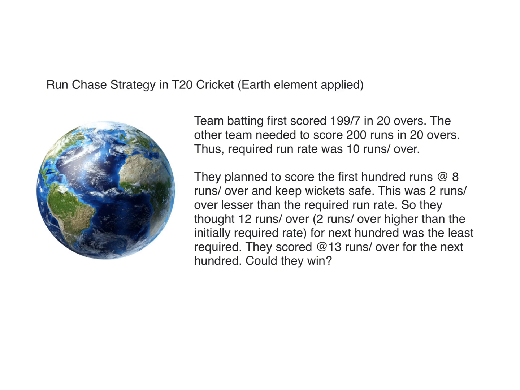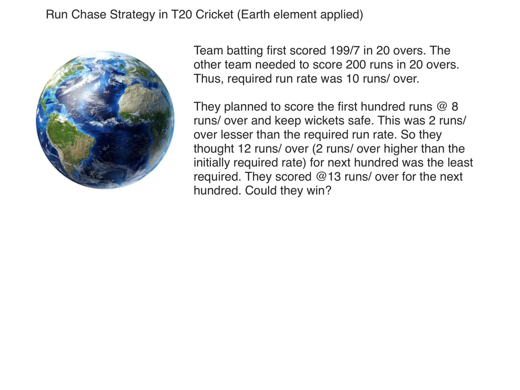So when they score at a run rate of 8 runs per over, then to make 100 runs, they will require 100 by 8 overs, which is equal to 12.5 overs. This means that in 12 overs 3 balls, they will be scoring the first 100 runs. Since it is a 20 overs match, now the overs remaining will be 20 minus 12.5, which is just 7.5 overs.